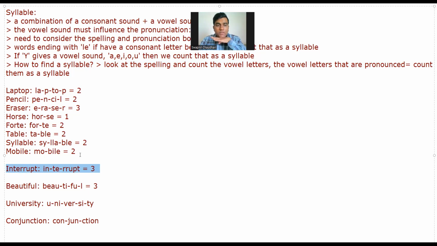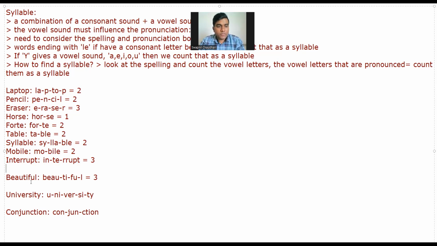Interrupt, interrupt. So the number of times your lower jaw or your chin goes down, see? That is how we count the syllables. So over here, in this word interrupt, it touches three times. So we count that as three syllables.